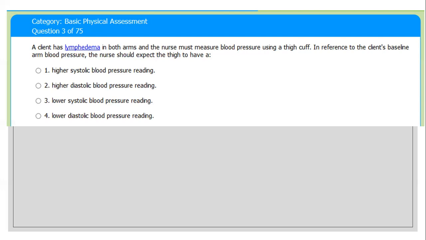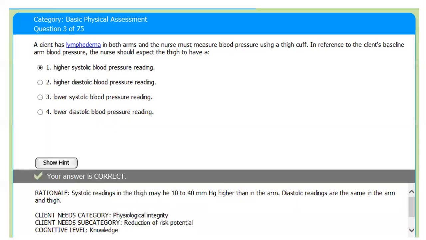In this question, both my arms have edema. Now the nurse comes to check the blood pressure in my legs. Is it higher than my upper extremity blood pressure, systolic or diastolic, or lower? This is the note.